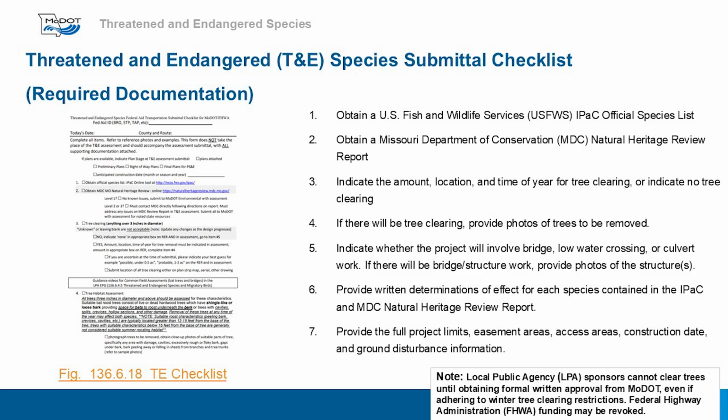Additional instructions related to each of the 7 documentation pieces is provided in MoDOT's Threatened and Endangered Species Submittal Checklist, which is available at the link on the screen. We will now talk through each of these 7 requirements in more detail.